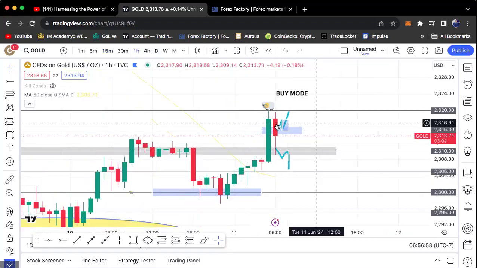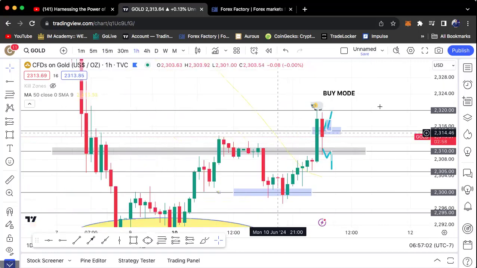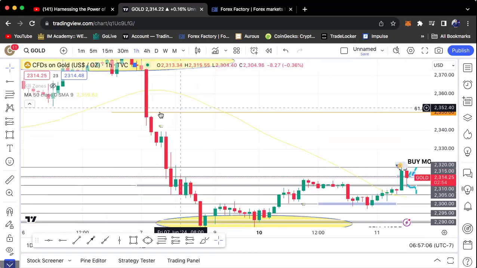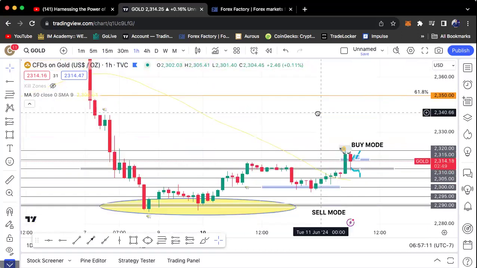Hourly is giving me a bearish hourly candle. We have an imbalance up here. We have a 61.8 at 23.50.